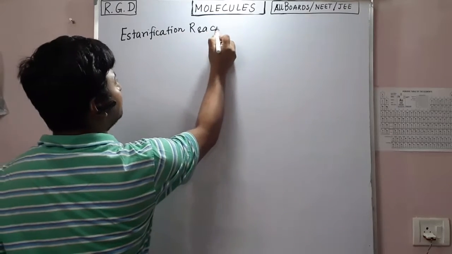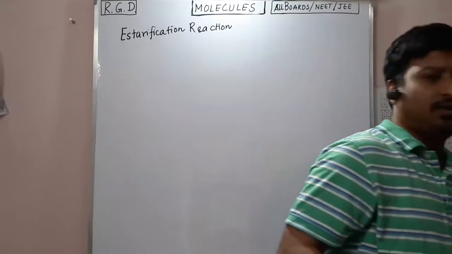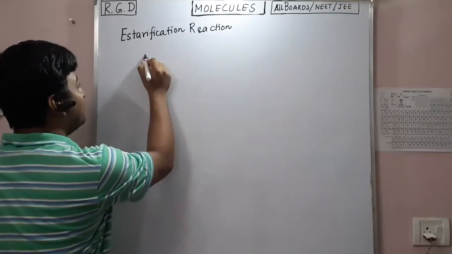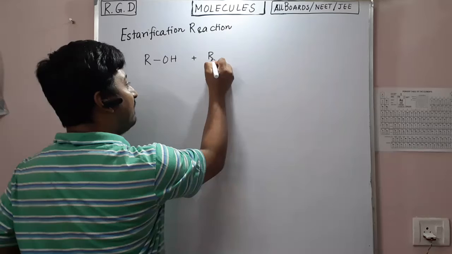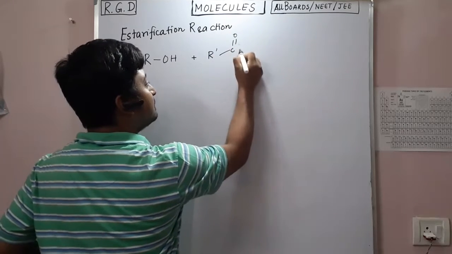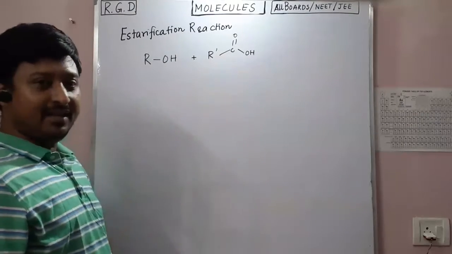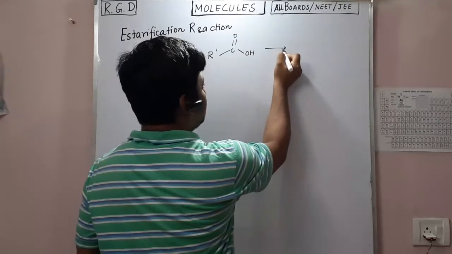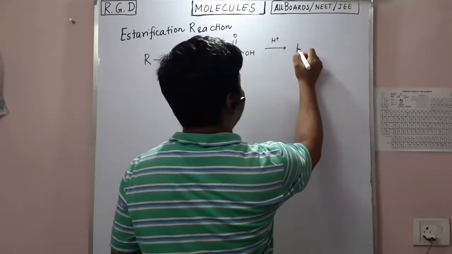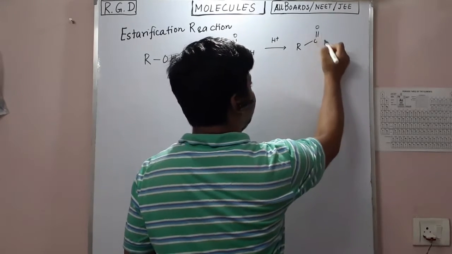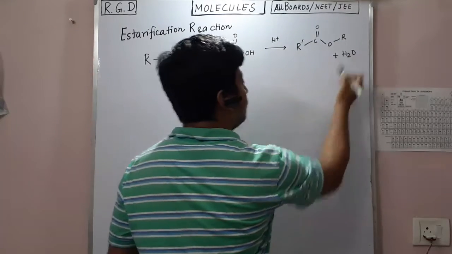The esterification reaction means a process where you have, let's say, an alcohol, ROH, and a carboxylic acid, R prime COOH, and in the presence of an acid which acts as a catalyst in this reaction, you generate an ester and water molecules.